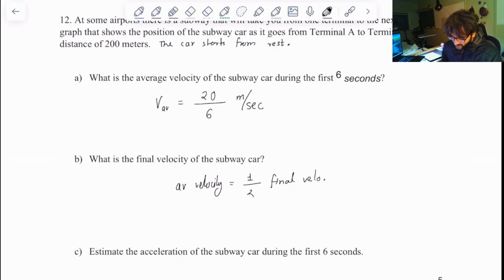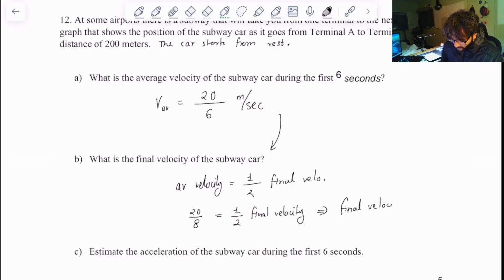The average velocity is 20 over 8 from this part, which is equal to half times final velocity. This means that final velocity is equal to 20 over 8 times 2. So the way you do it is you multiply both sides by 2.